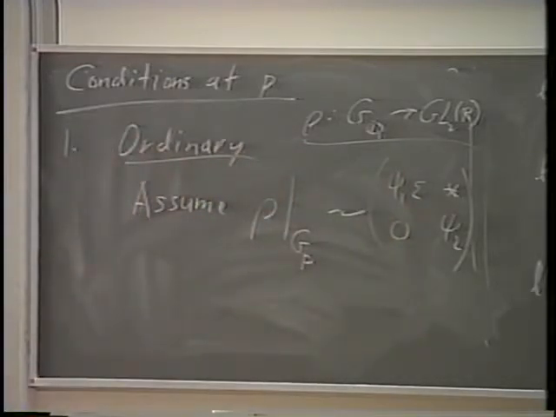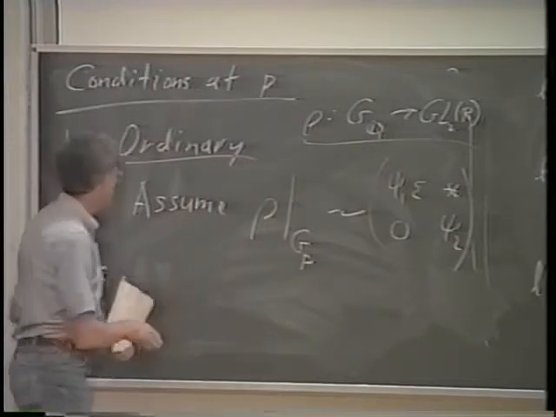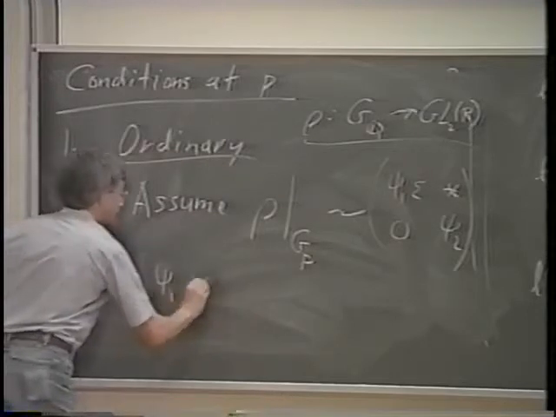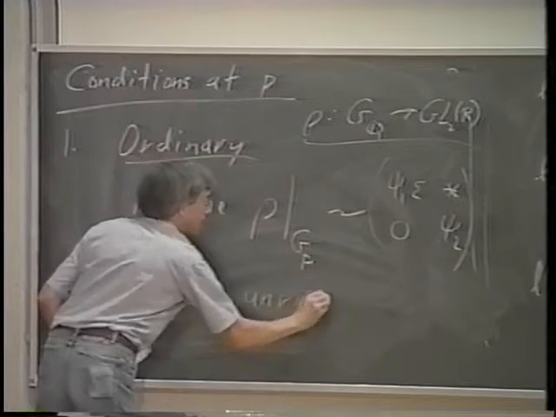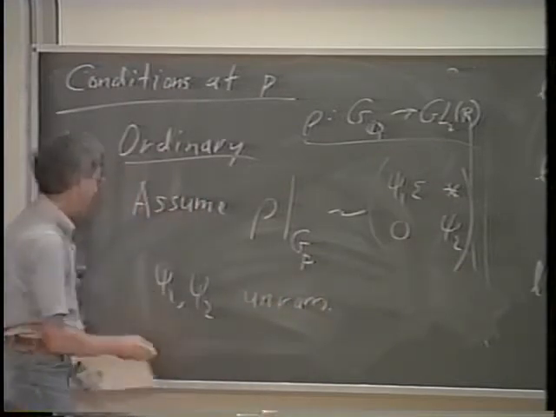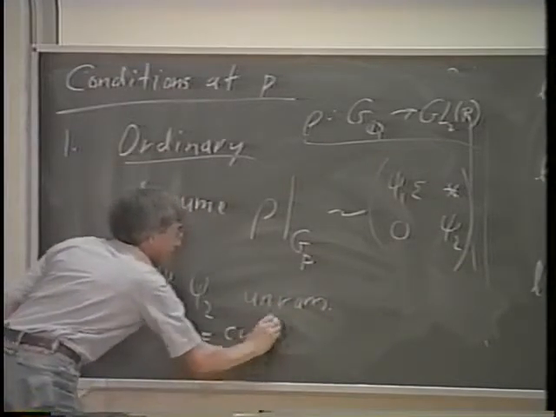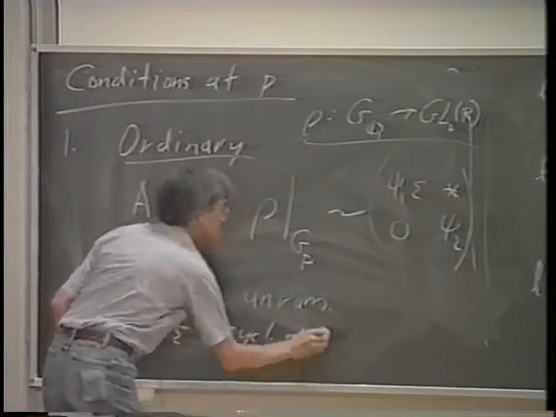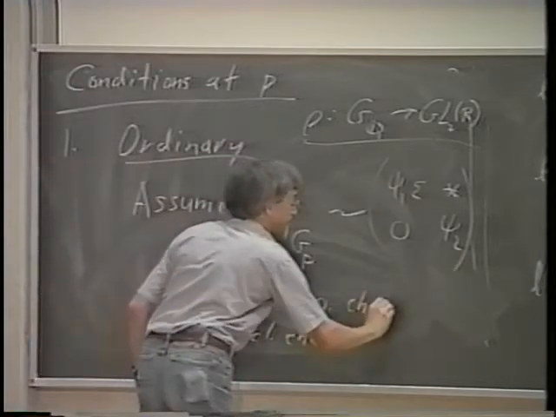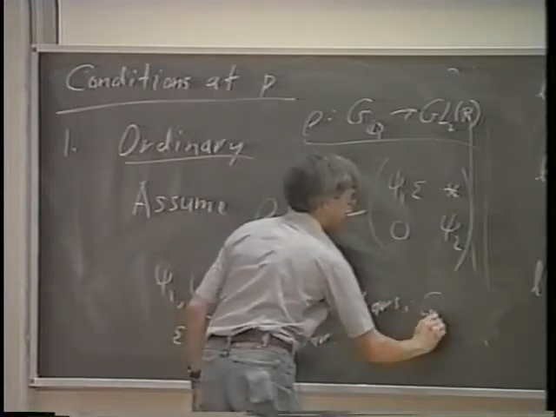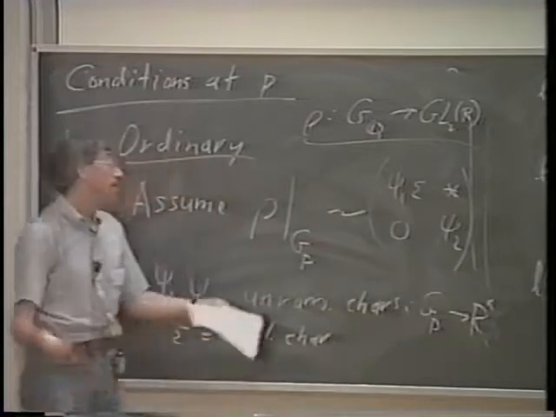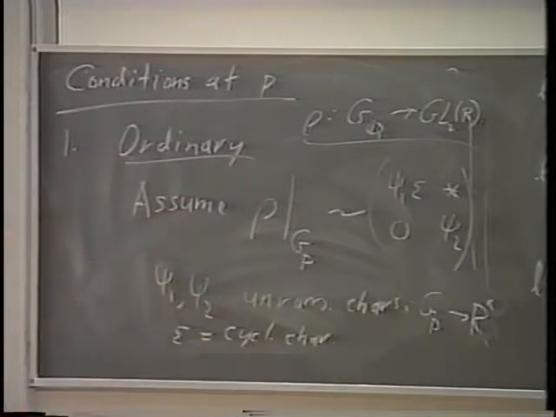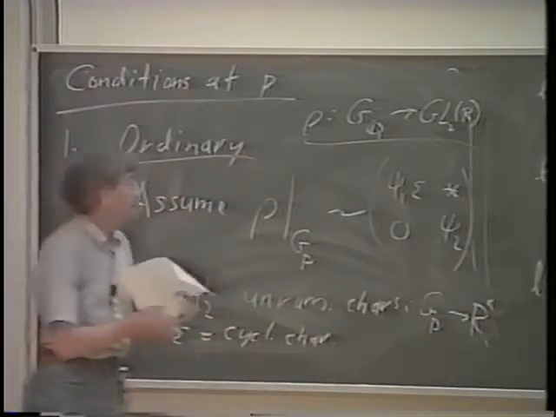That's just one of the notational problems. And psi 1, psi 2 are unramified characters mapping G_P to R cross. So essentially it's upper triangular and it's pretty well under control on the diagonal.